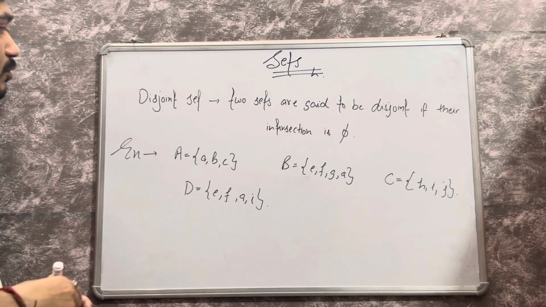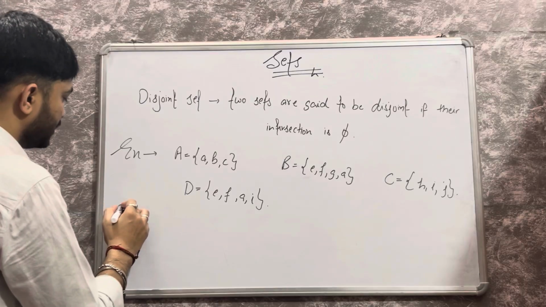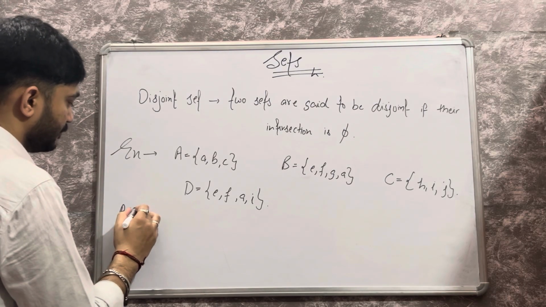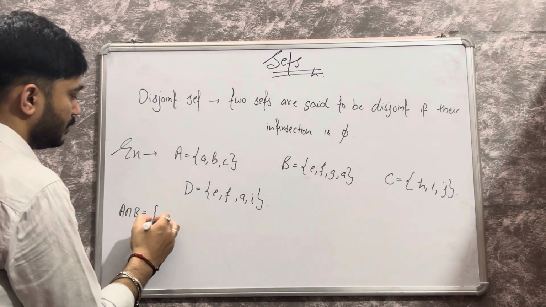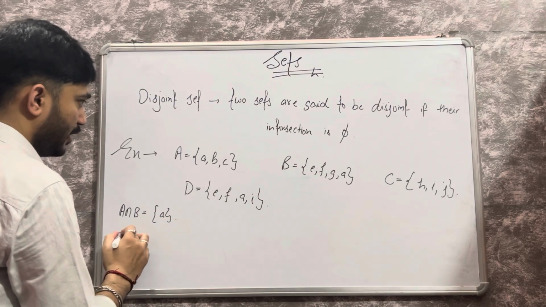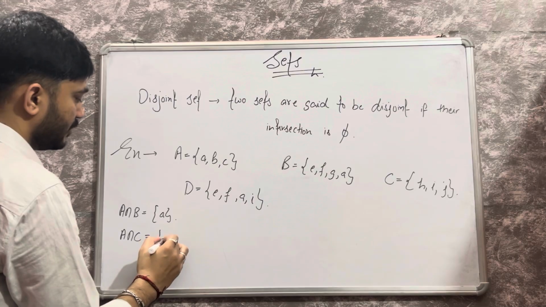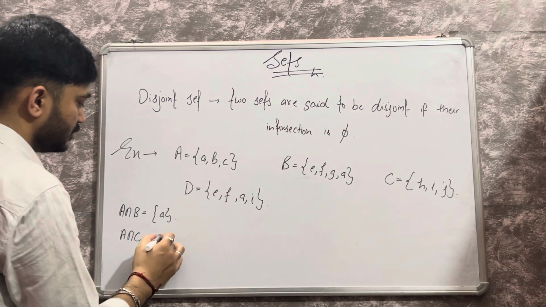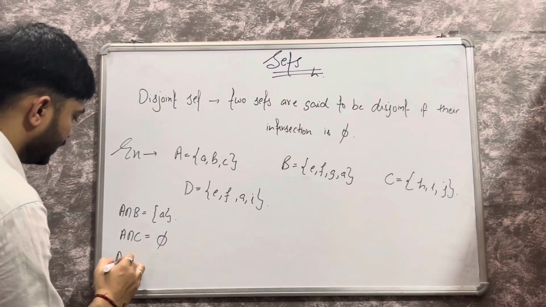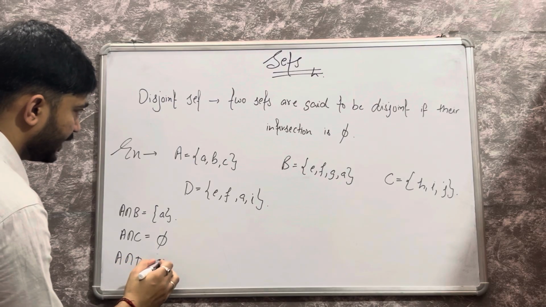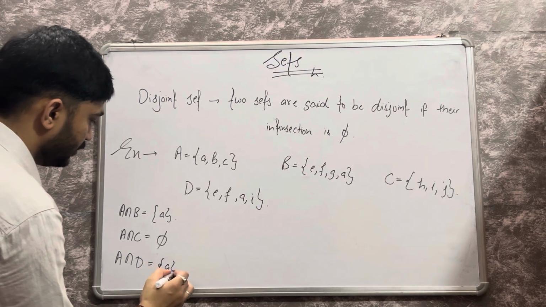So what we have to do? Find the intersection of everything. Firstly, A intersection B, we will get a. A intersection C, we will get empty set because nothing is common here. Then A intersection D, we will get a as well.